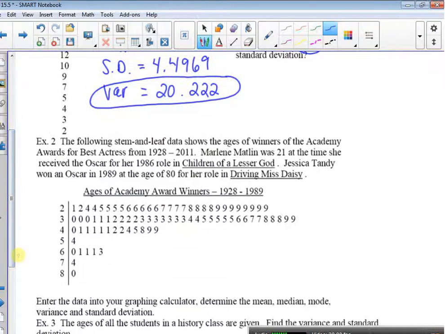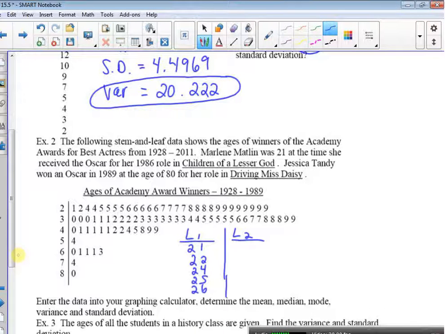The next one, stem and leaf plot, asks you to enter the data and find the mean, median, mode, variance, and standard deviation. Again, I would just enter into L1 and L2. I'll start a couple of them. I would have 21, 22, 24, 25, 26, and so on and so forth.